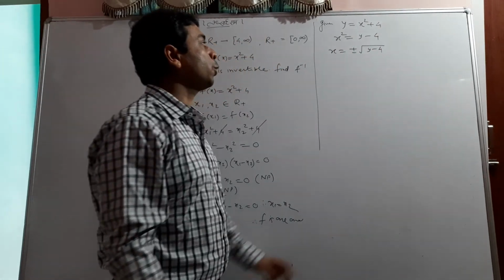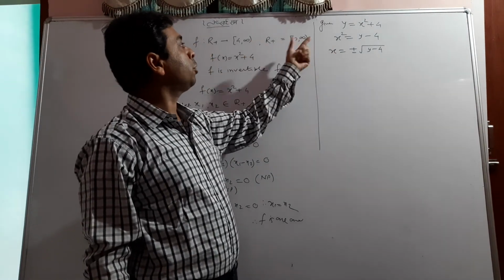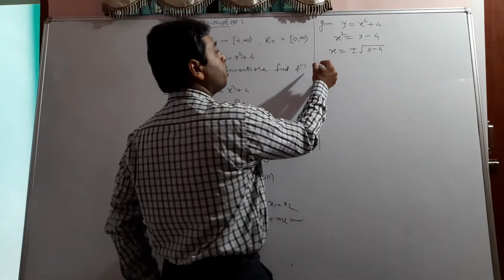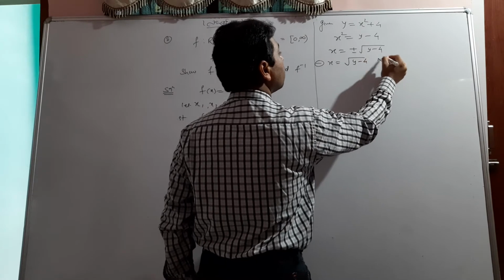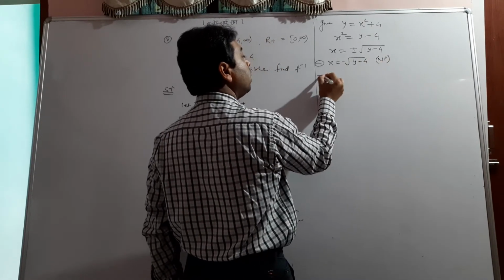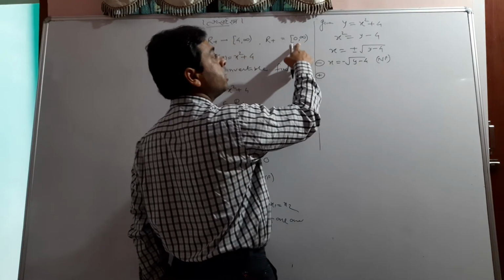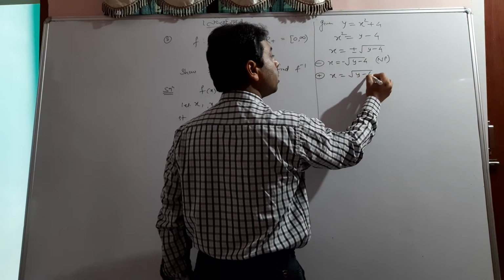One should be sure about x: the value of x is an element of this interval, which is non-negative. When I choose the minus sign, it is not possible, because at that time x will be negative, and negative x is not acceptable. So only the plus sign will be chosen.